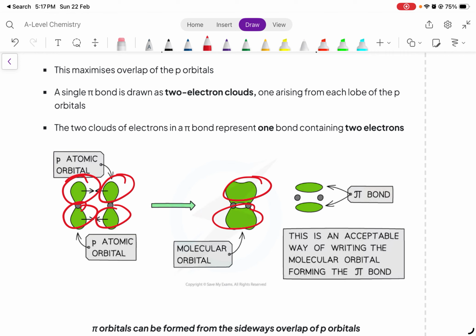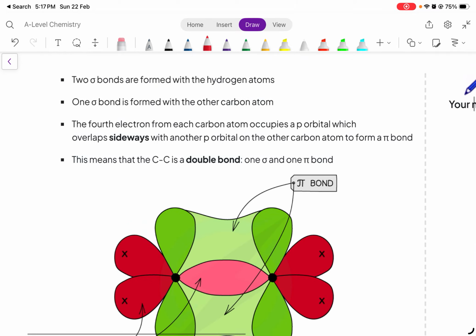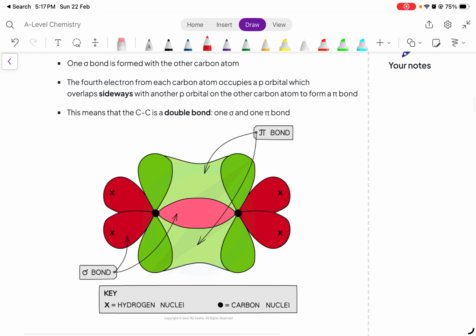So one of the examples that we can see is in our organic chemistry 里面的 C and C double bonding.